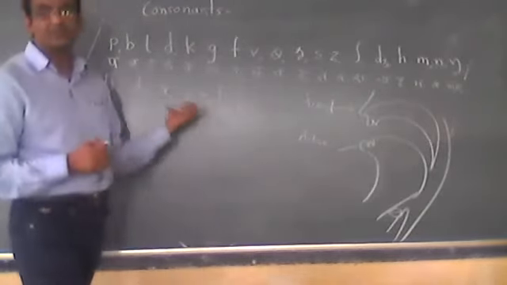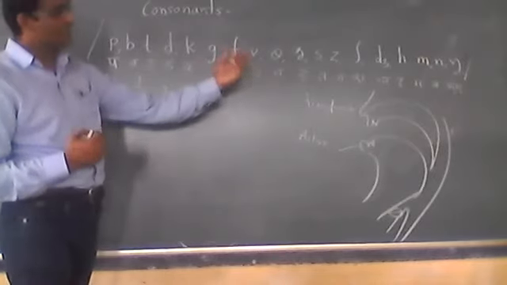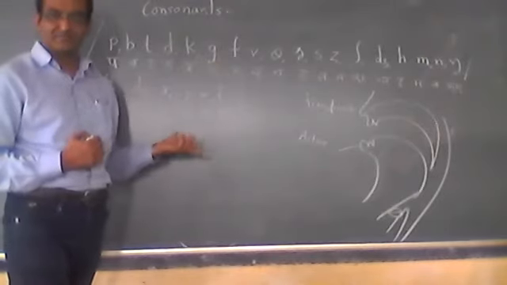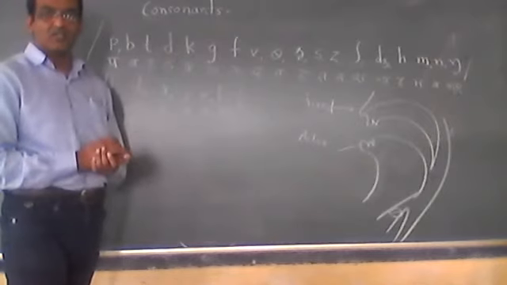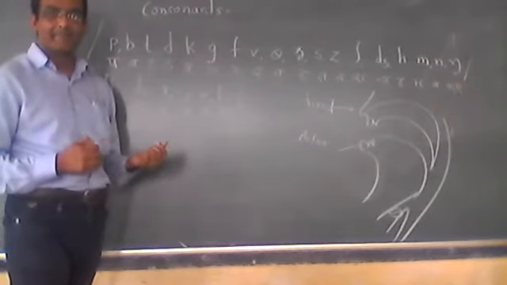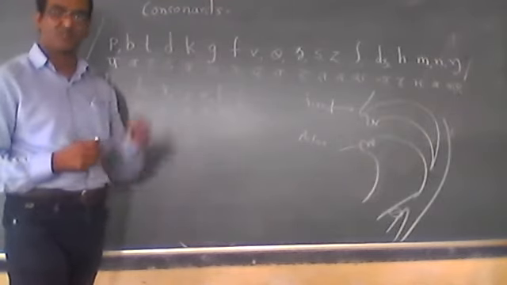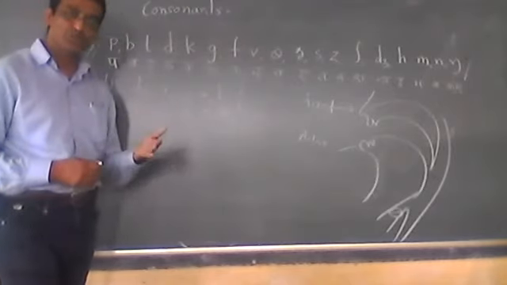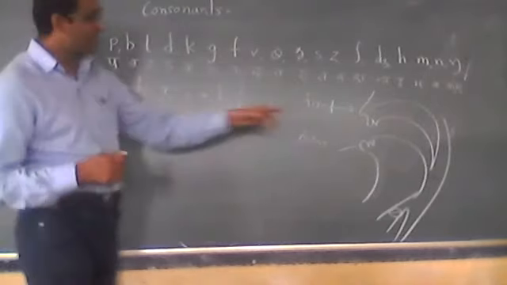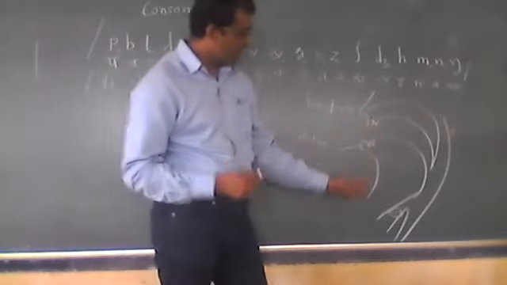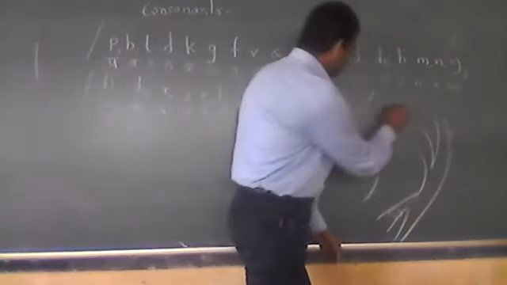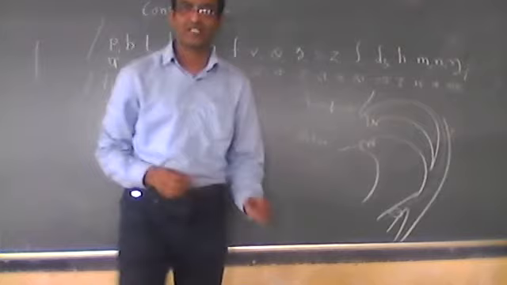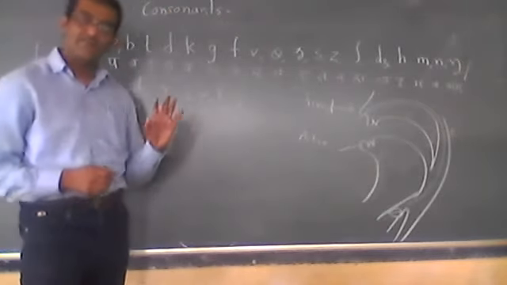Like these, suppose there are m, n and ng. These sounds are nasalized because some air is allowed to pass through the nose or nasal cavity. This is the nasal cavity. The air comes out through the nose. That is why these sounds are called nasals.